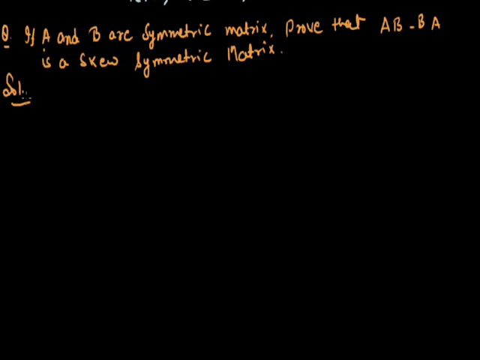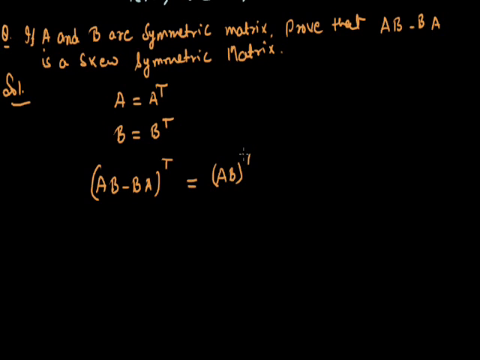Now A and B are symmetric matrices. It means it is given that A equal to A transpose because it is a symmetric matrix, and B equal to B transpose. Now we have to prove that AB minus BA is a skew symmetric matrix. So take the transpose of AB minus BA. We know that (AB minus BA) transpose will be equal to (AB) transpose minus (BA) transpose.